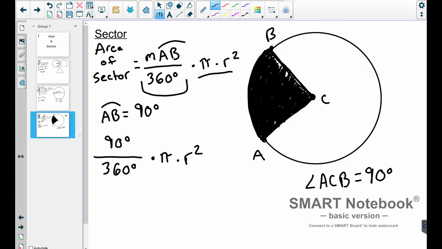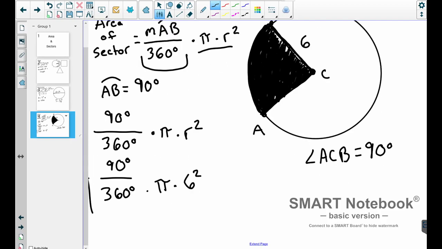Now, when you do these, you will be given the radius. So in this case, we'll just say that we have a radius of 6. Why not? So then we plug in our 6. We say 90 degrees over 360 degrees times pi times 6 squared will equal the area of our sector.